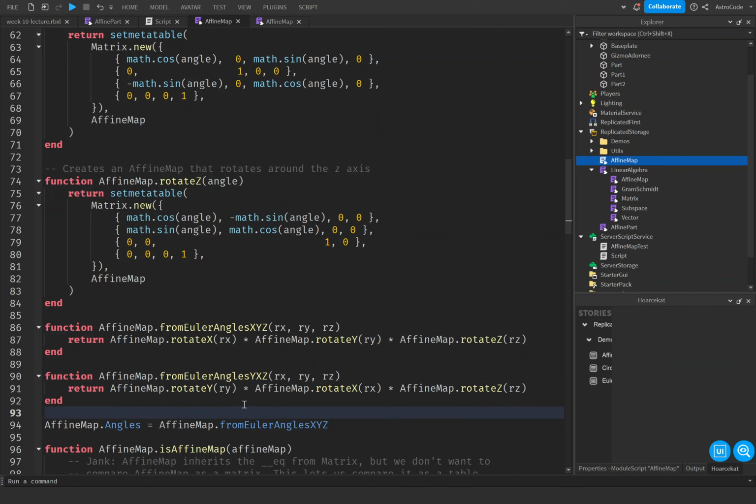So all we've done is we've swapped the order of the first two rotations, and swapping this order actually returns different rotations. It's weird, I don't know why they stopped at two.